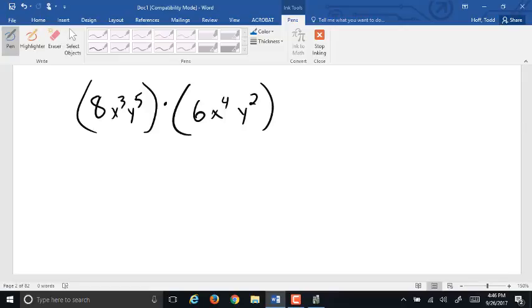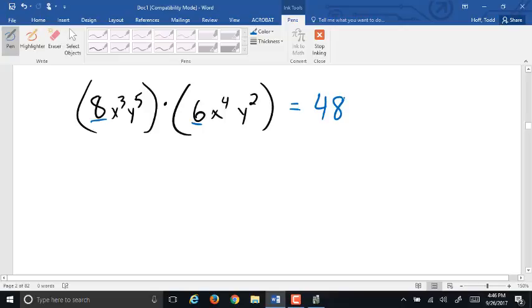We're going to multiply the counts. So here, what are the counts that we're going to multiply? 8 times 6, what do we get? 48. Then we multiply the names, and when we have more than one name, we take each name separately. So the first one would be x. We have x to the third times x to the fourth, which will be x to the seventh.